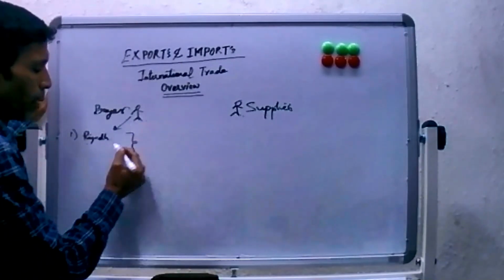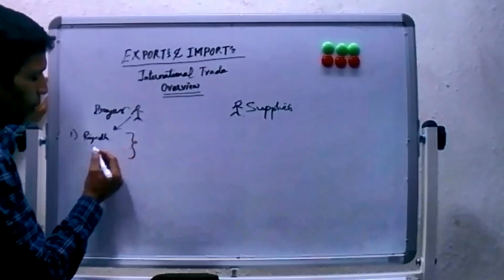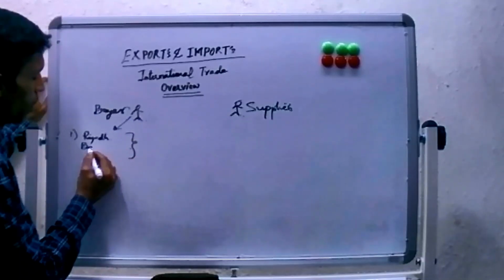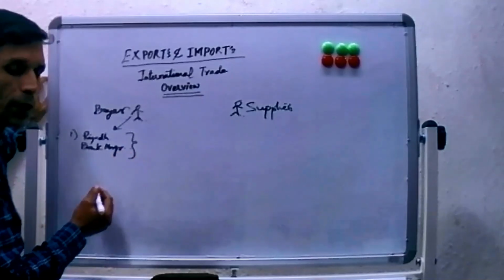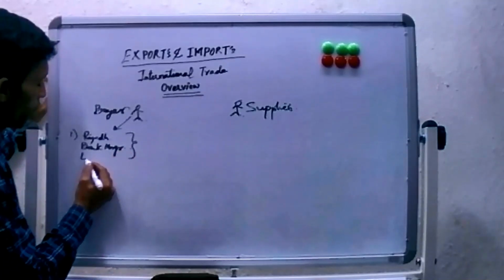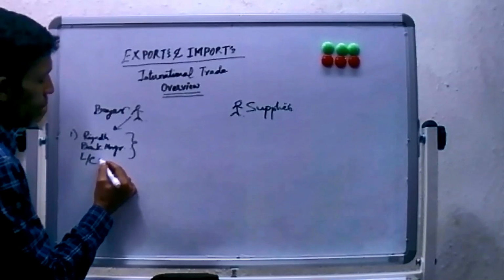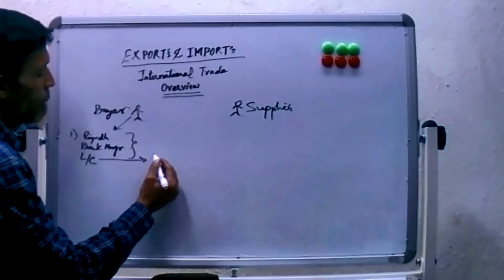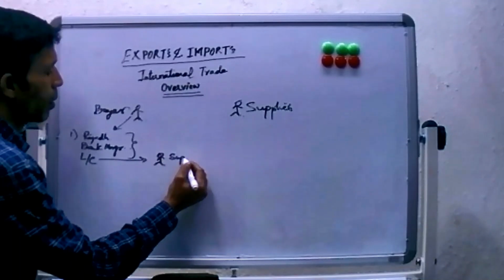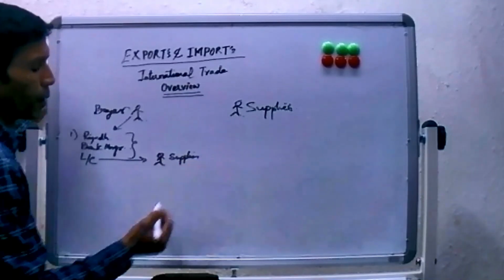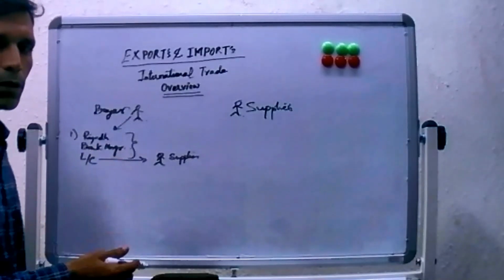So the buyer approaches the bank and asks the bank manager to open an LC, a letter of credit, in the name of the supplier, because here there is no agent and both are dealing directly with each other.